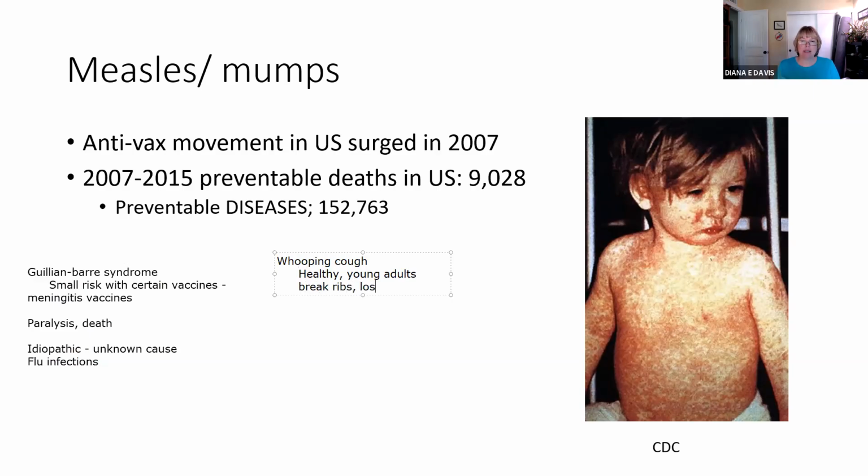It can cause loss of bladder control. It can cause vomiting, and it can last for months. I had a student who took this class a couple of years ago who did catch whooping cough. College-age person, young and healthy. She had whooping cough that lasted for months.